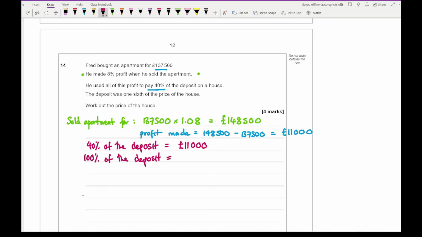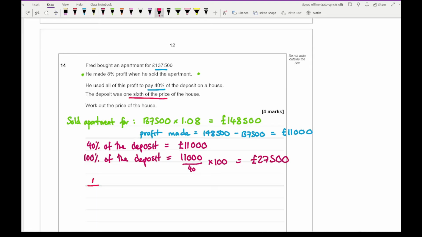So it's going to be 11,000 divided by 40, so we can work out 1%, and then multiply that by 100 to work out what 100% of the deposit was. So the deposit was £27,500.